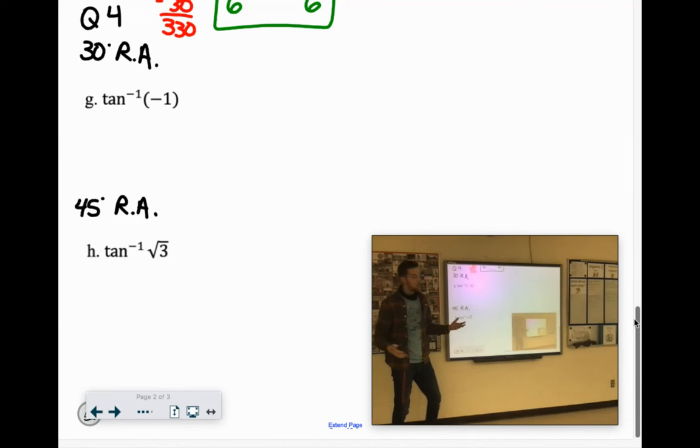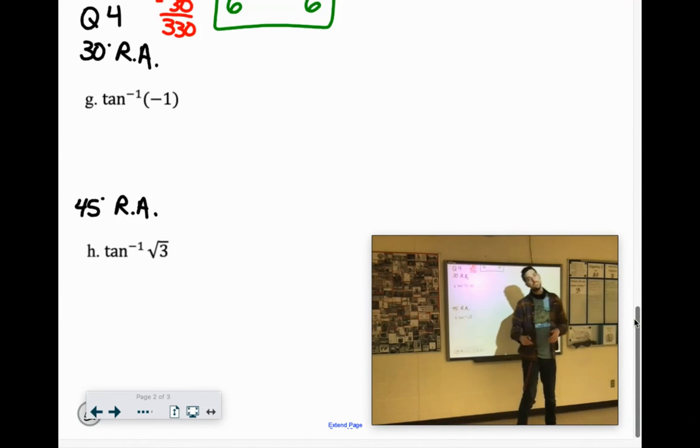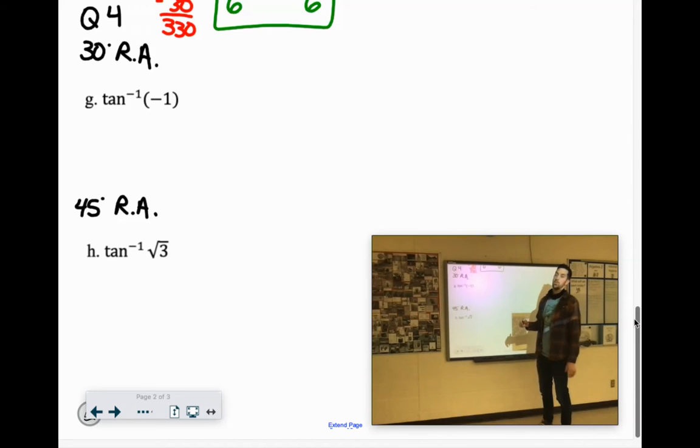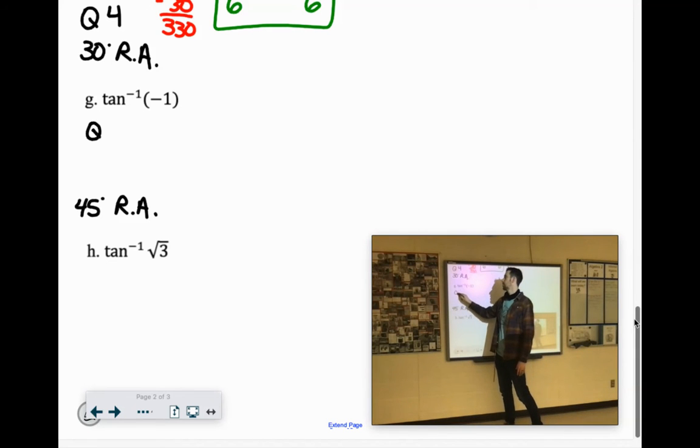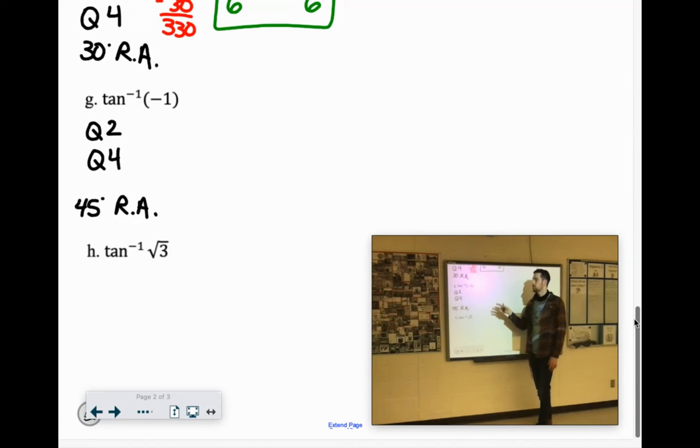Now, when is the tangent negative? Well, if you look at our notes, the tangent would be negative in quadrants 2 and 4. So we're going to find the degrees with a 45-degree reference angle in quadrants 2 and 4.